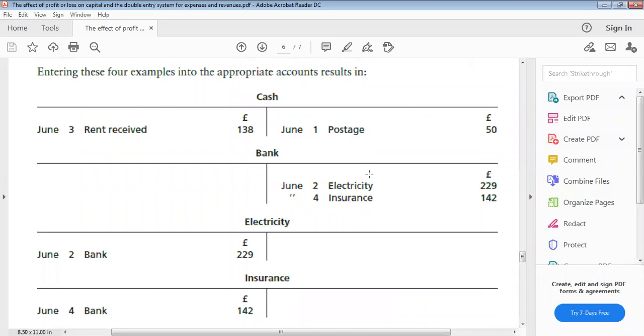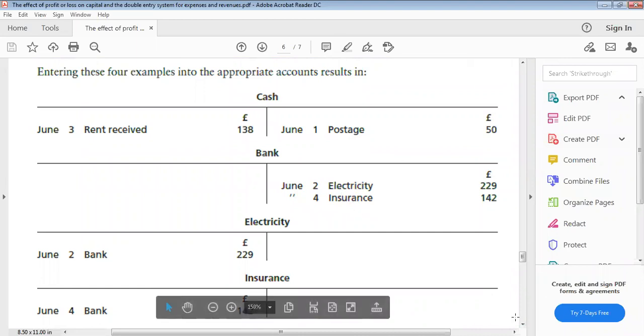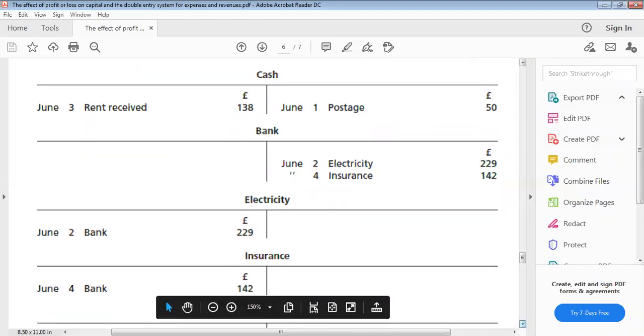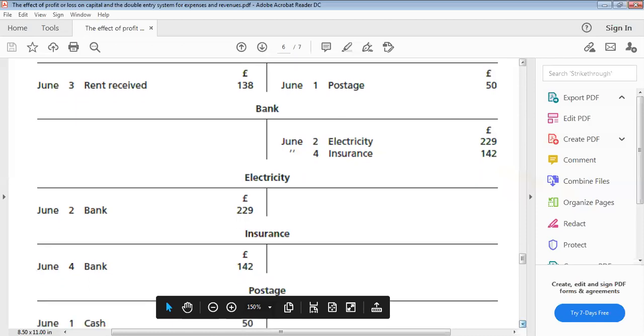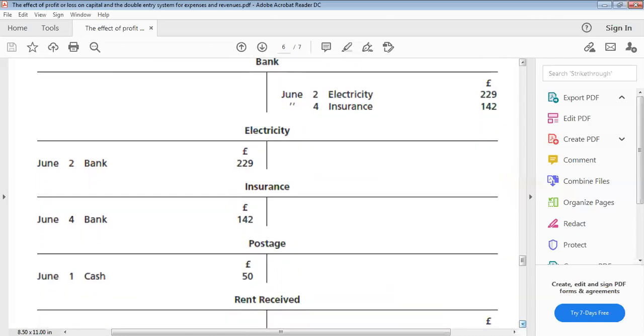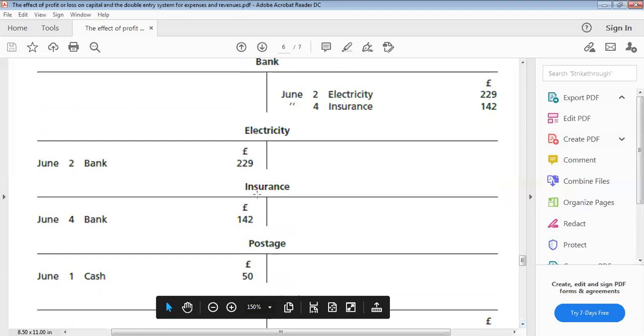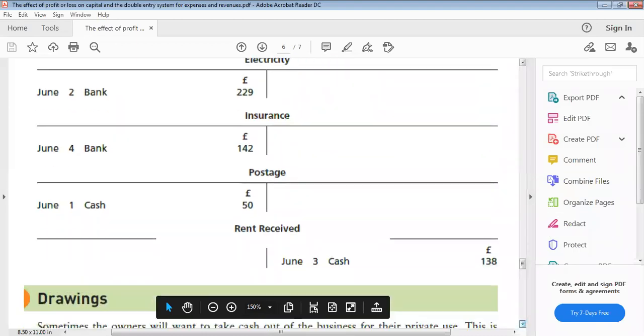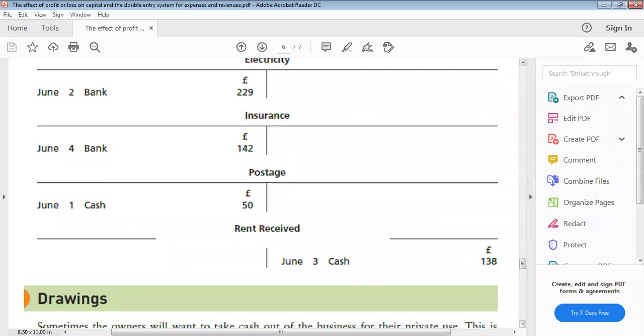These are credits in the bank account, because insurance and electricity are our expenses, and they were paid by check. So these are all expenses, and they are debit entries. But rent receive was a revenue, so you have a credit entry for that. Good. 138.